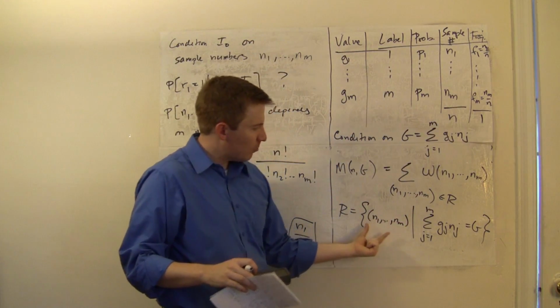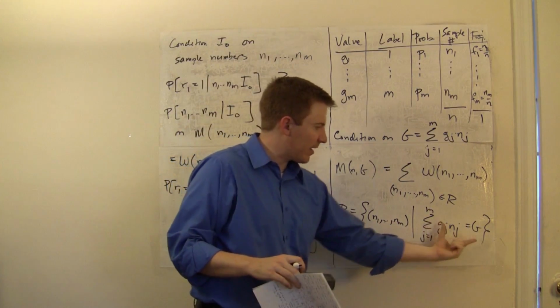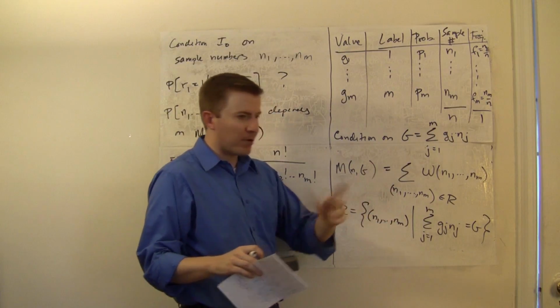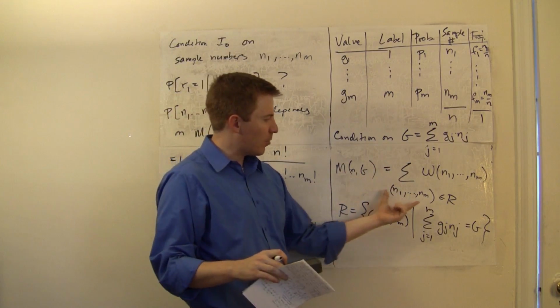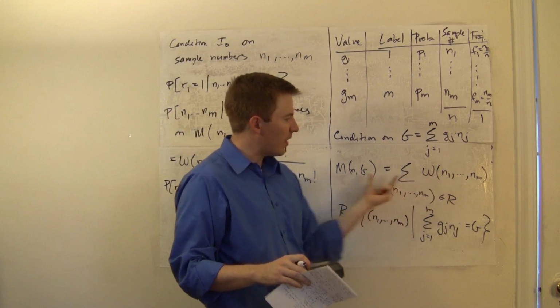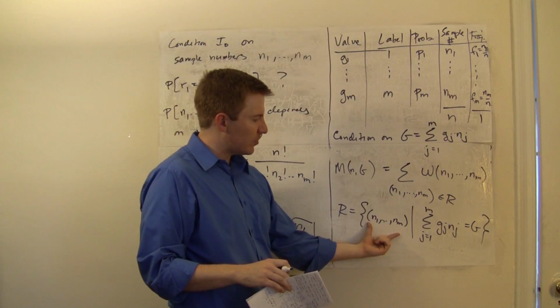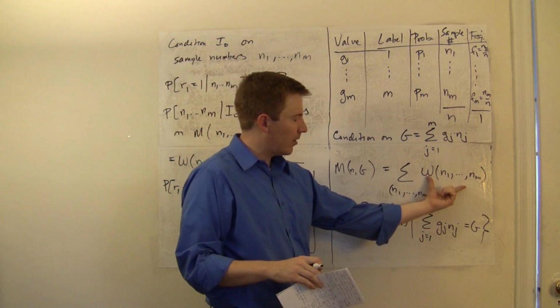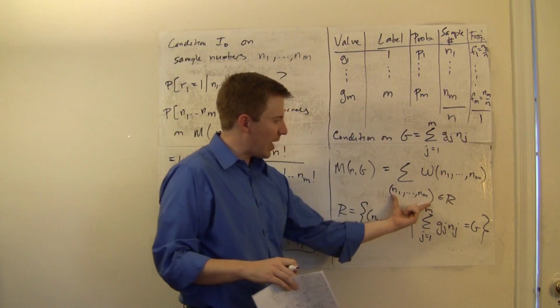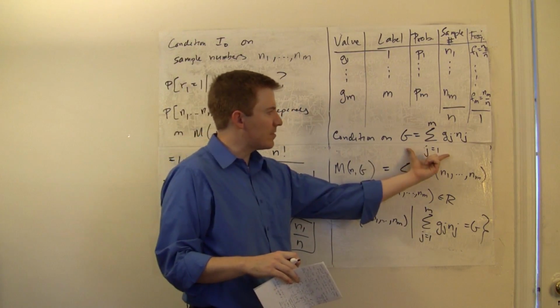If we pick one of those sample number vectors that actually satisfies that constraint, we know the number of sequences that correspond to that sample number selection, and it's just the multinomial coefficient. So we've got to add all these things up. These are our set of all acceptable sample numbers, and these are the number of sequences for each one, and so we add up over that whole set, and that's going to be the multiplicity of this event G.